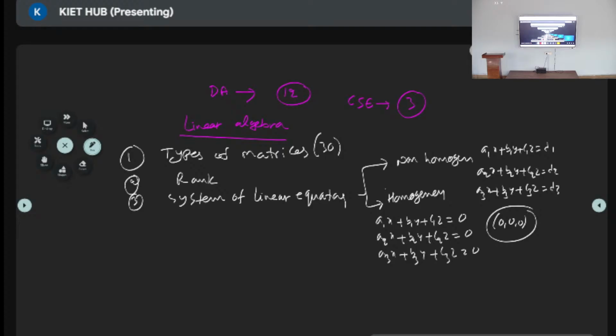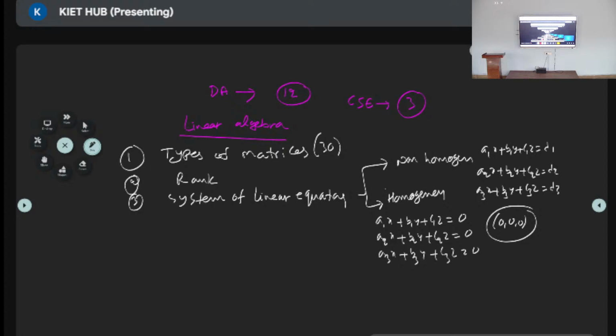System of linear equations. See here, if at least one of d1, d2, d3 is non-zero, then we call it non-homogeneous. If all are zeros, we call it homogeneous. For finding the rank, what are the methods we have? One is the determinant approach, second is the echelon form.